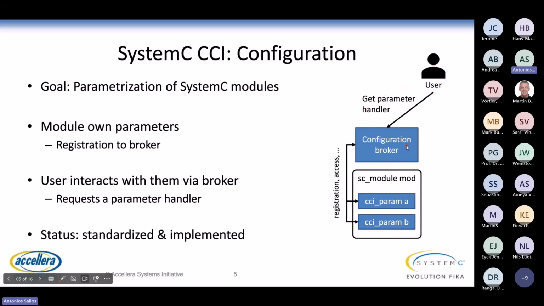So the user later can request a parameter handler from the broker, and with this handler, he or she is able to check up on some parameters and configure them. It's also possible to create callbacks on specific events. This part of the CCI library is quite progressed. Right now it is already standardized at Accelera, and there's also an implementation ready.